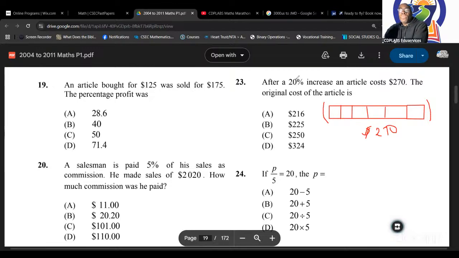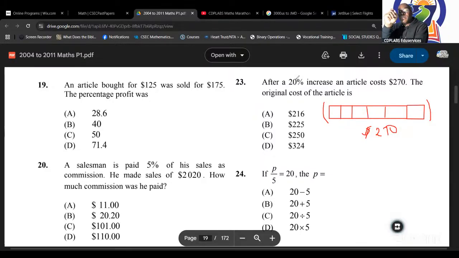So we have to add another portion to it. Good? And we recognize that to find 1 bar, we have to divide that 270 by 6, which is the total number of bars there, and we'll get the value. Now, when we get the value of 1 bar, we want the 100%, the original cost, which is 5/5, so 5 parts of that.